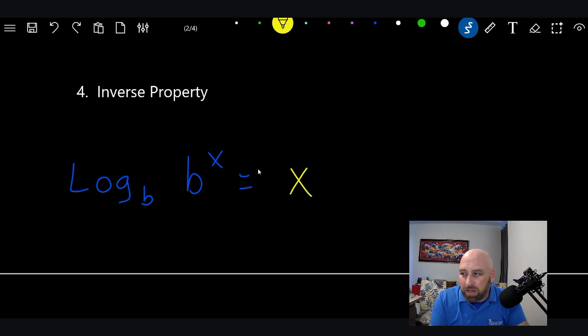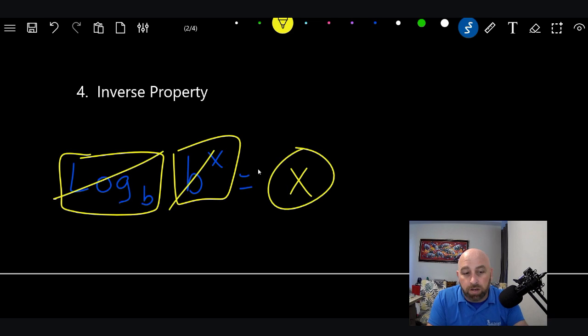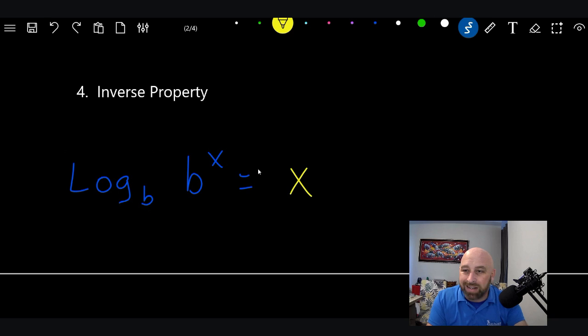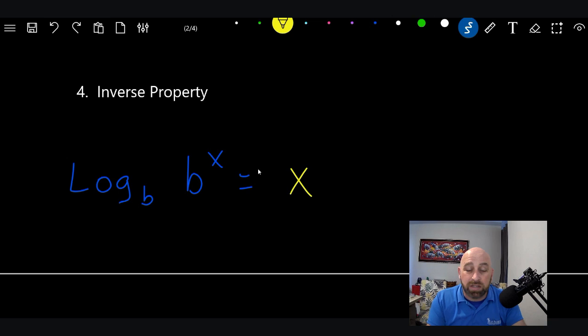Well, it's somewhat complicated in your calculator, but basically when you put the log base and then that exponent, this stuff cancels, and you're just left with your exponent. Again, it's a little bit more complicated than that, but your calculator is doing all the work. You don't have to do anything. So if you were to put this in, and you can try it, you can call your base whatever you want it to be. Most of your calculators have a way to do this. We're going to learn how to do that a little bit later, but you can put that in and it'll kick out the number that you put there.